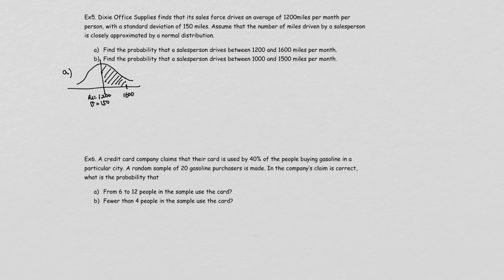Let's find the z-score for 1,600. z equals 1,600 minus the mean, over the standard deviation. That gives you 400 divided by 150, about 2.666 repeating, so it will be 2.67, right? On the table, you only have 2 decimals, so we round to 2 decimals.